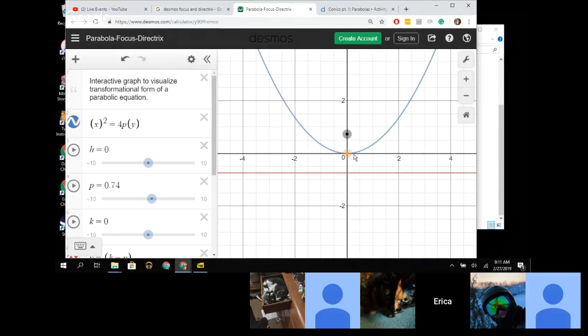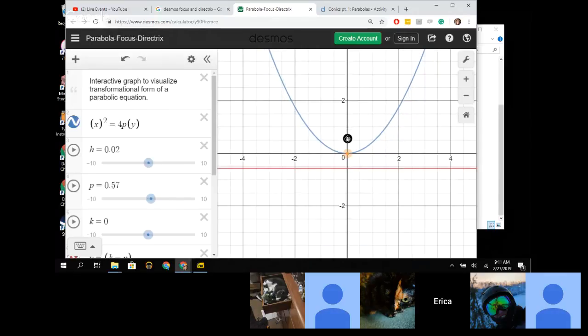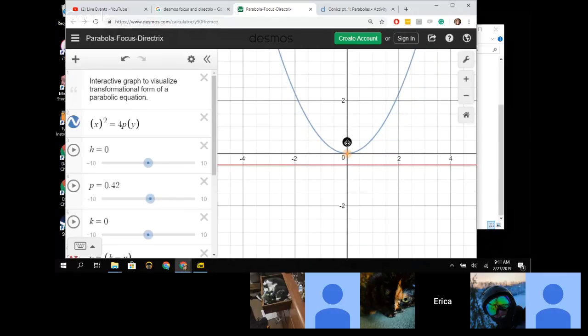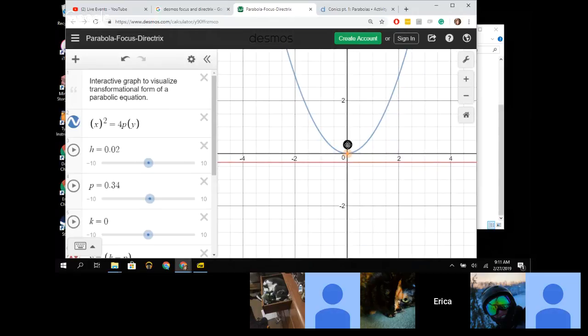So the reason I'm showing you this is that this is an easy way to move your focus point around and see what happens to your parabola. So as your focus gets closer and closer to your parabola, so the value of your focus, as it gets closer and closer to 0, you can see that your parabola gets more and more narrow.